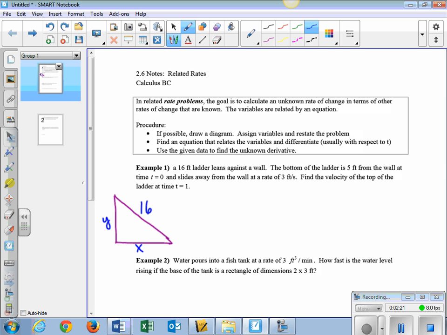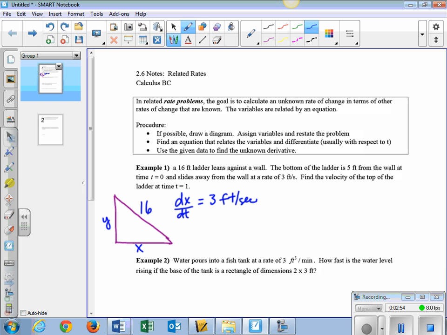Now the ladder is moving away from the wall, so the horizontal value is what's changing. The bottom of the ladder is sliding away from the wall at a rate of 3 feet per second. So that means the rate of change of that x value, dx/dt, is equal to 3 feet per second.